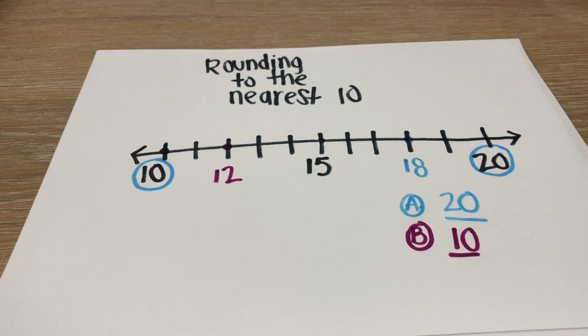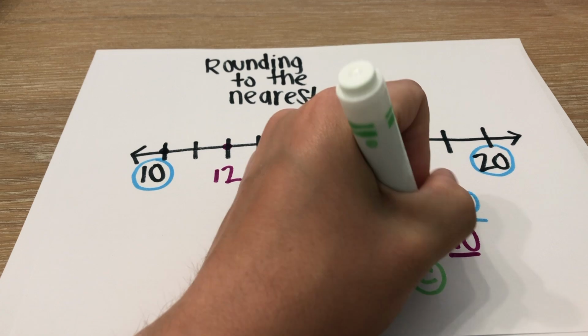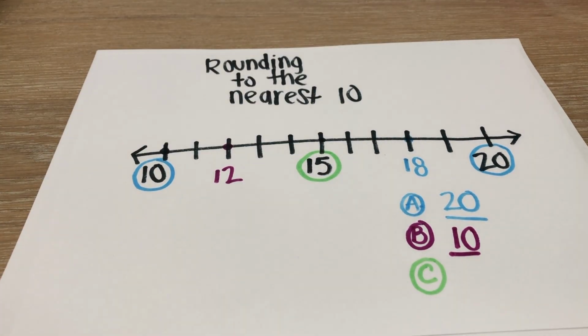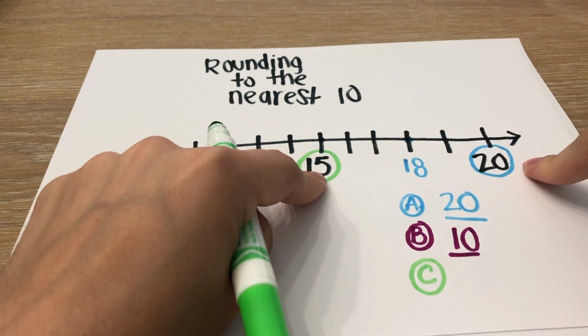Now, what about Christopher? Let's say Christopher had 15 seashells. So is 15 rounded to the nearest 10, 10 or is it 20? Well, I'm sure you guys know this by now, but in case you forgot, 5 always rounds up.